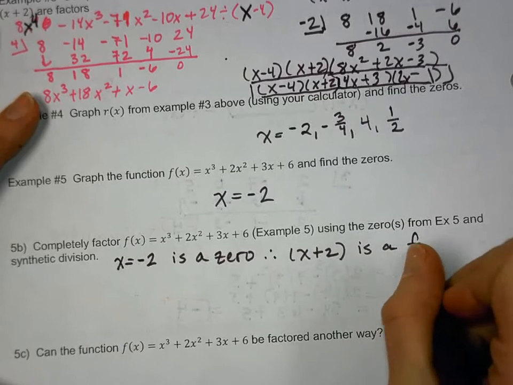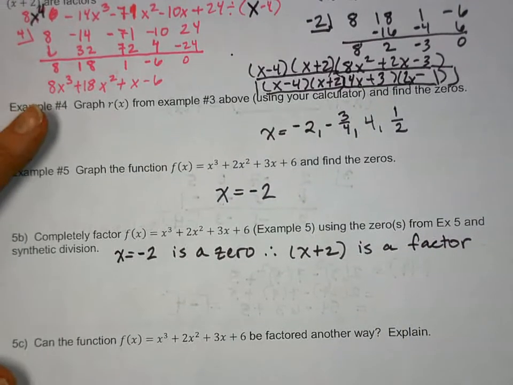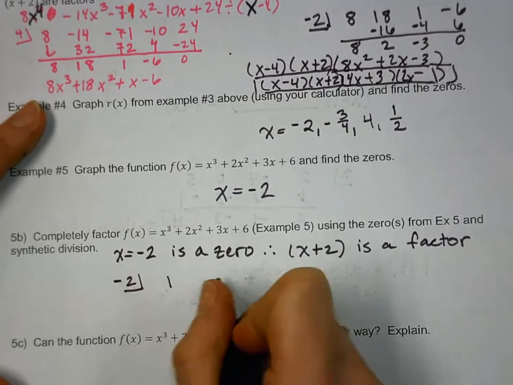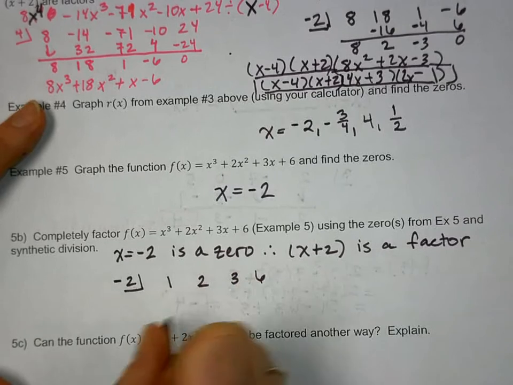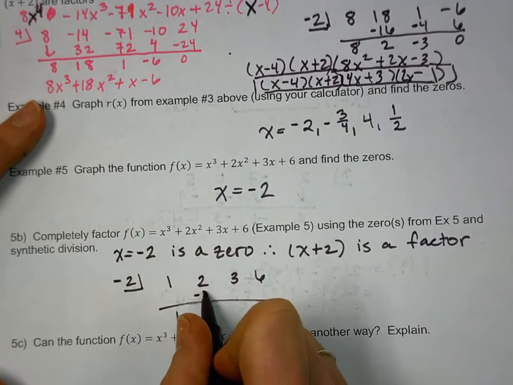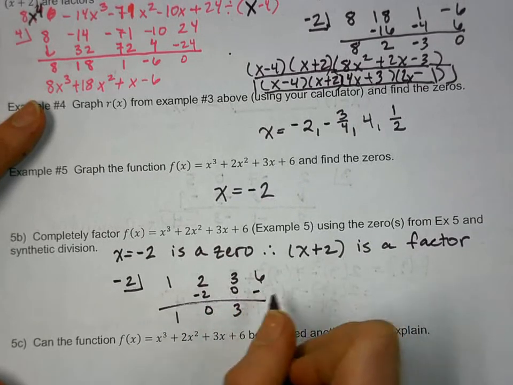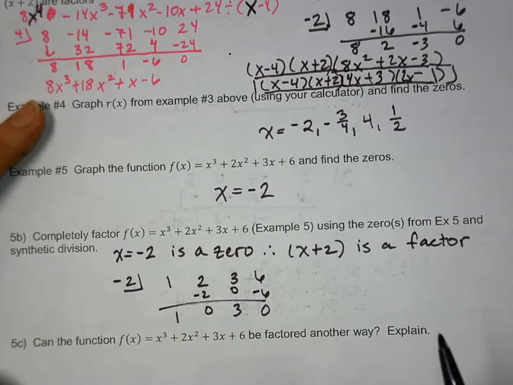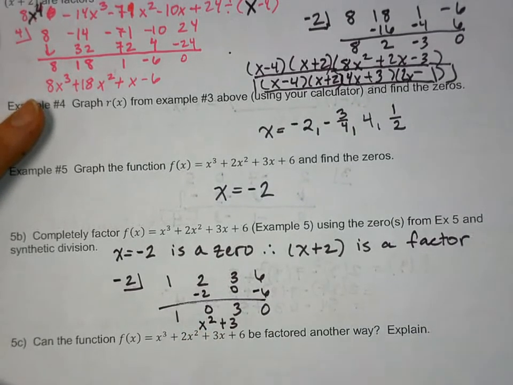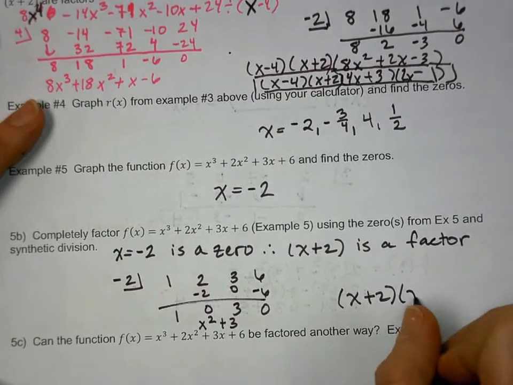Because it's an X mix. Can we get 0? X squared plus 3. Yeah. Because it's like the opposite.